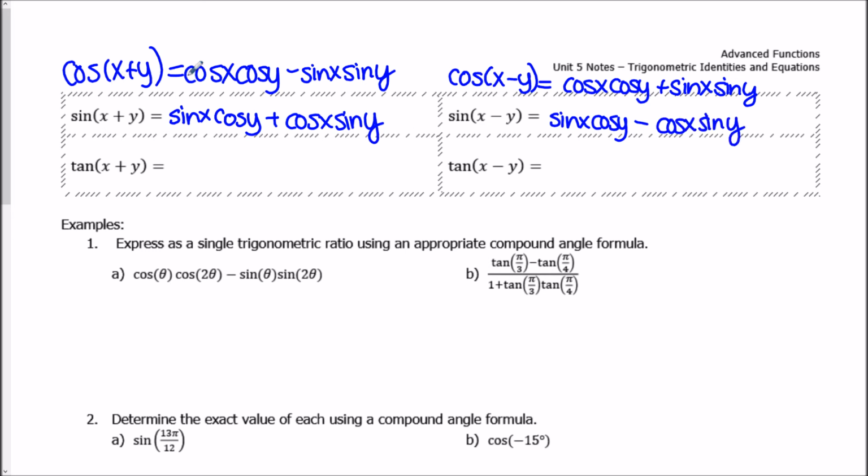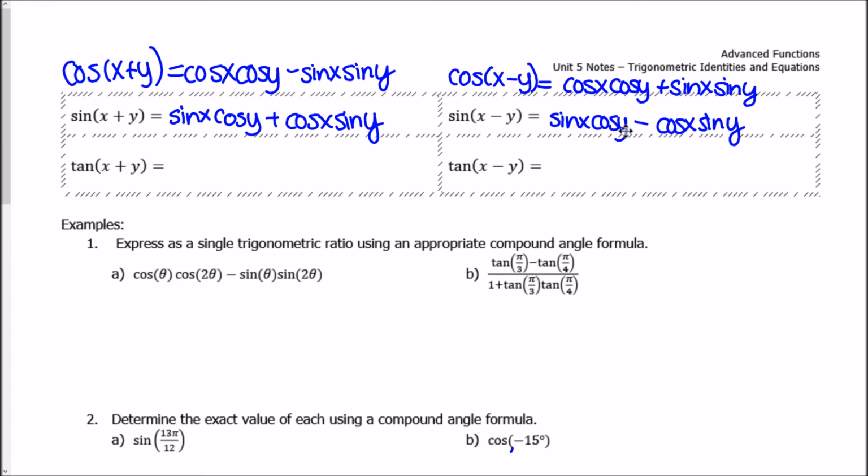So if you notice, for cosine, we put the two cosines together and the two sines together. For sine, we put sine cosine of one and then the other, and then we do the opposite here. And same thing over here. And notice that the signs are going to be swapped.